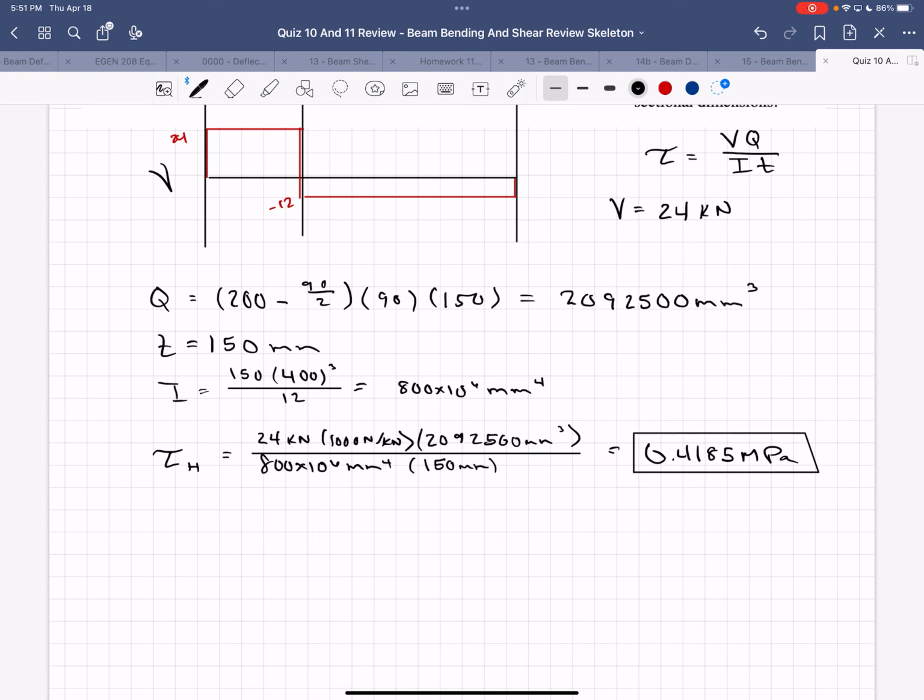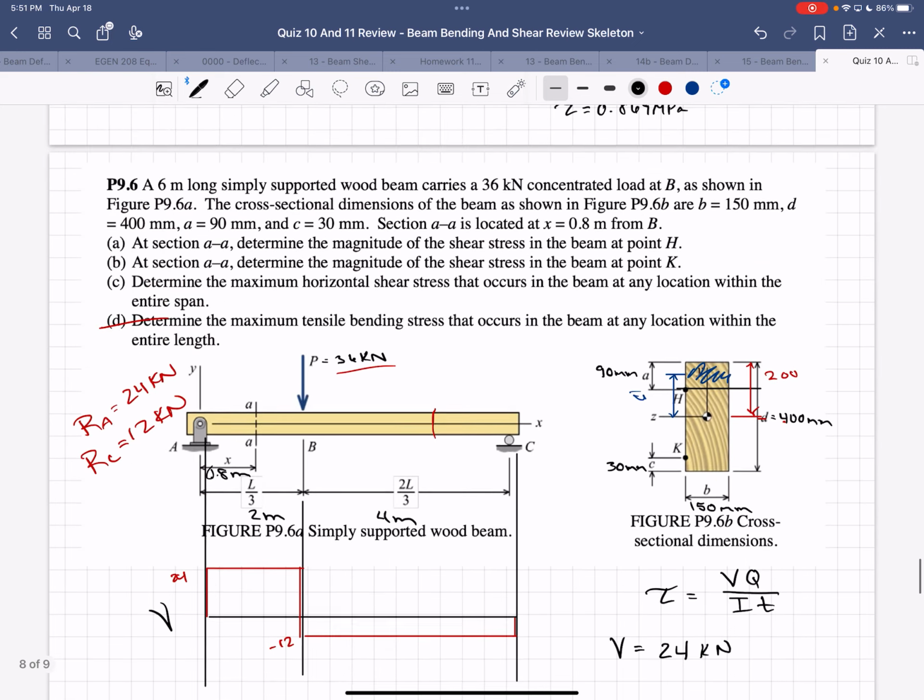Sweet. Okay. If we look at this picture, is the shear stress at K going to be greater than or less than the shear stress at H? Greater than. I like your confidence, but less than it is. This is only 30 millimeters away from the bottom where it's 0, right?